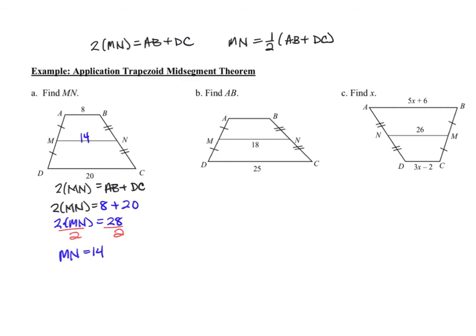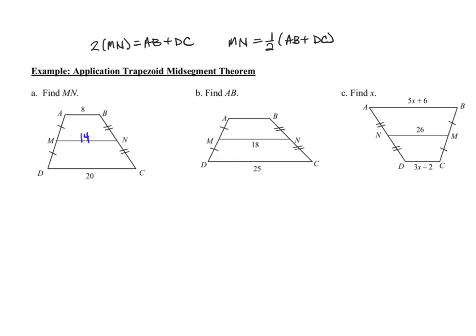We also could have used the other formula, so let's take a look at that one. The other formula is MN is equal to 1/2 times AB plus DC. So if we replace the AB with 8 and the DC with 20, this is going to work out because this is going to end up being an even number, and the even number is divisible by 2.